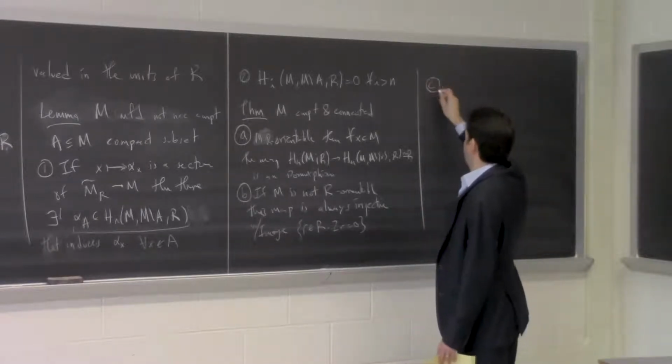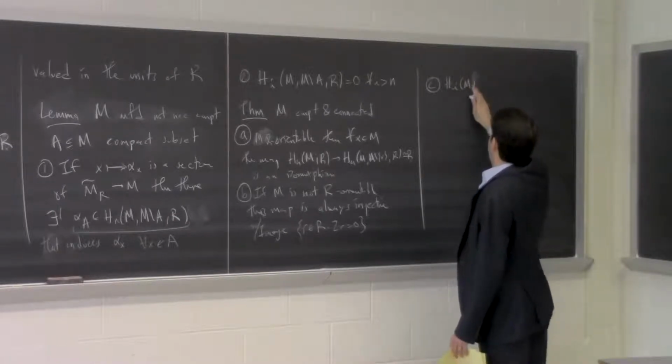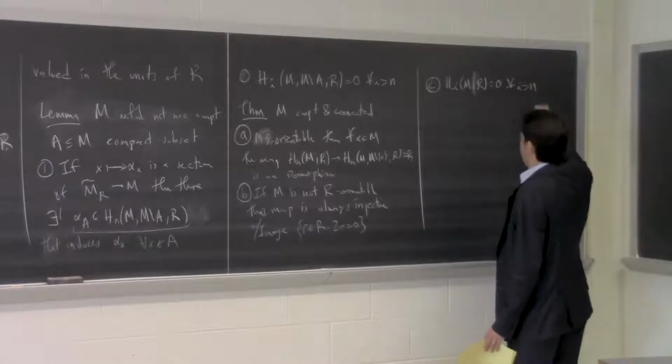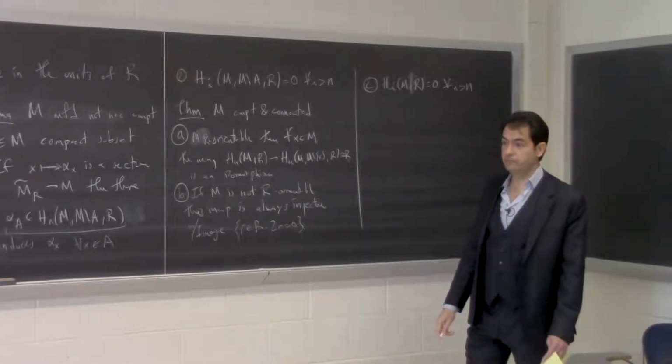And then the last part says that in any case, H_i of M with coefficients in R is equal to 0 for all i greater than n. Here, n is the dimension of the manifold.